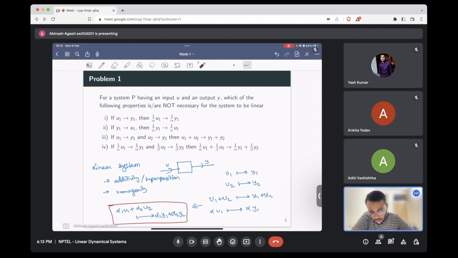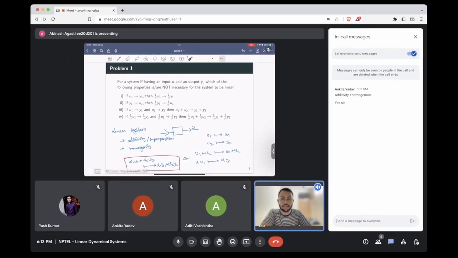Based on that, which of these four options is the correct answer to this question? The question is, for a system P having an input U and an output Y, which of the following properties is or are not necessary for the system to be linear? Can you guys type up the answer that you think, the option number?